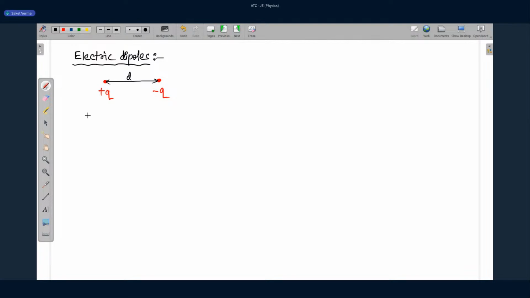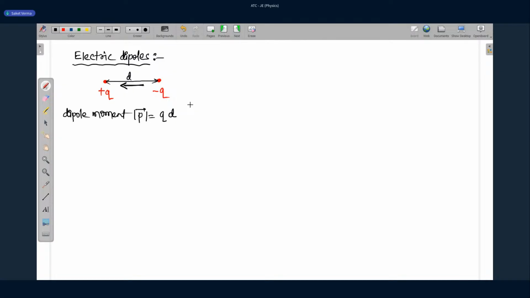So what is the dipole moment, or electric dipole moment? Dipole moment is a vector quantity, and that vector is nothing but q into d. The magnitude is q into d. The direction of the electric field is opposite to that of the dipole moment, so the dipole moment is from negative to positive. The direction from minus q to plus q is said to be the direction of the dipole moment.